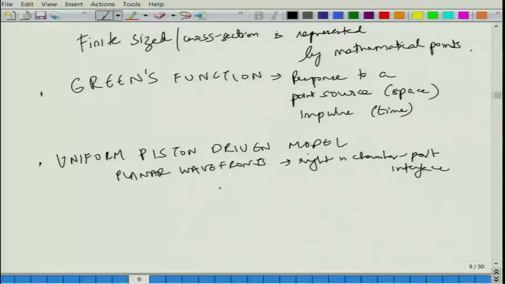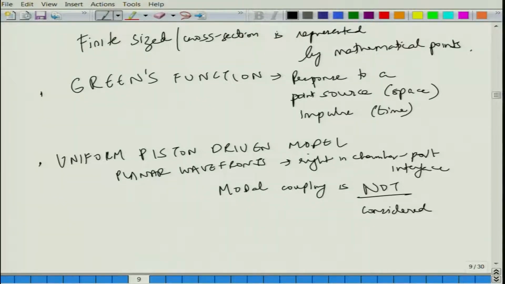Here, of course, modal coupling is not considered between the port and the chamber. That is one of the drawbacks of the piston driven model, but it is still much better than the Green's function or point source model, because we are considering the finite size and some sort of an average representation of the variation at the port.